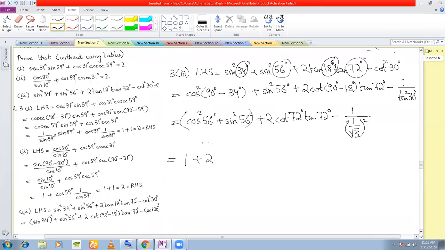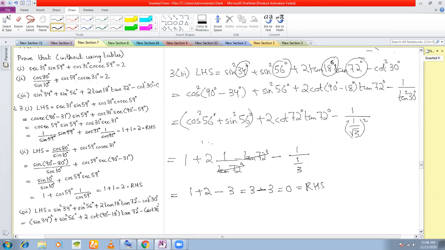What about the remaining part? Cot 72 you change to tan 72, and they cancel. And this is 1 by 1/3, which means 3. So you get 1 plus 2, which is 3, minus 3, which is equal to 0, which is your right hand side.